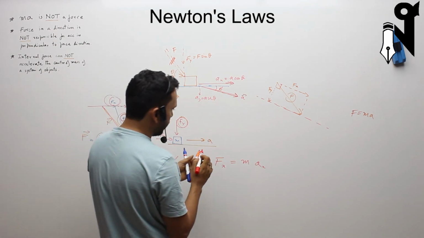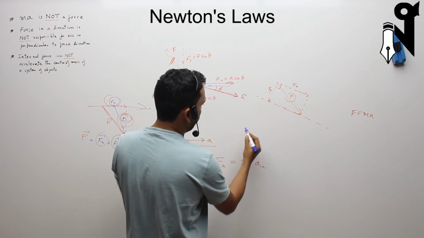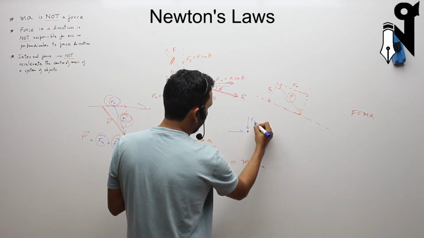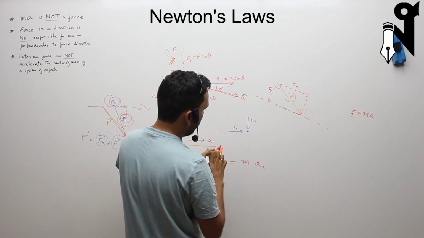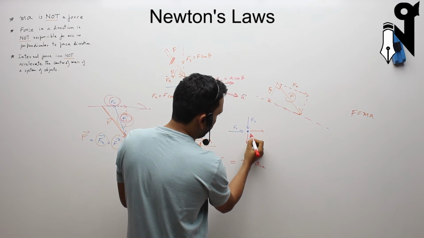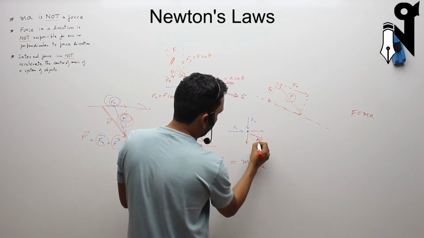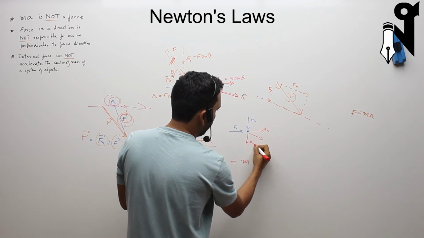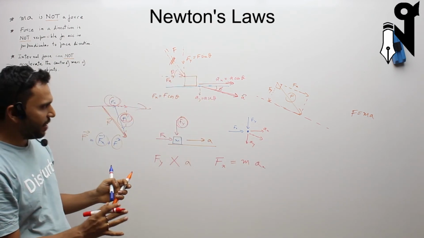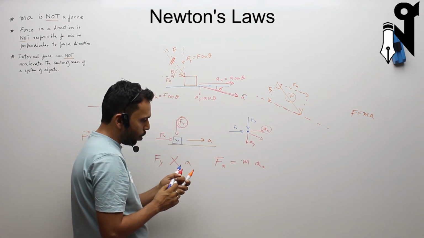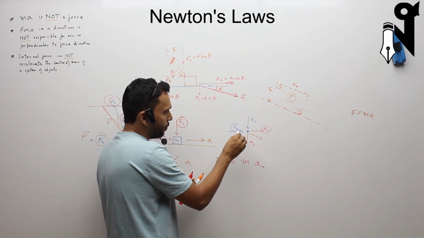So what we have over here is a body which has two forces acting, fy and fx, and it is having acceleration in a slant way, which has been broken into two components, ax and ay. What we can safely say is that this ax was the total responsibility of fx.